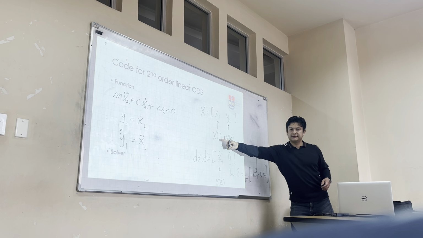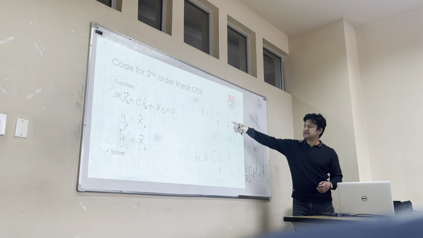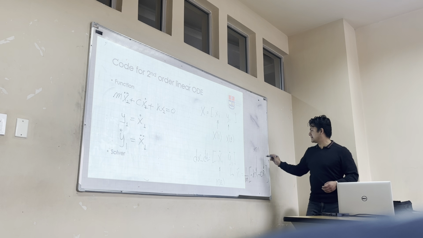It's going to be this thing, isn't it? And what is this x2 from this? x2 is, I'm sorry, this is x1 dot, right? What is this? x1 dot is this one. Is that right? So x2.